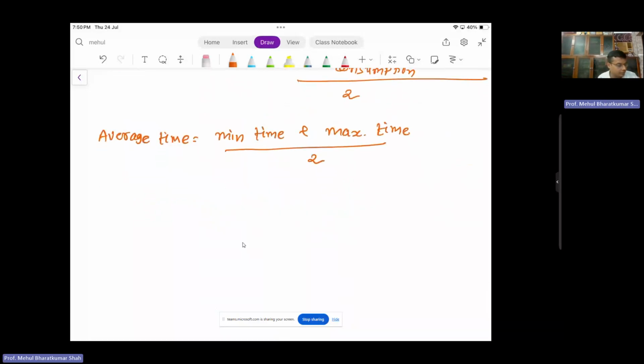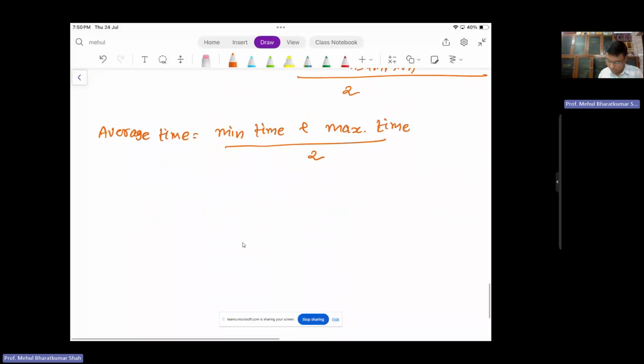Okay, so it is for consumption and time. If any two values are there, we can identify the third one with this formula. Okay, so next is number of orders.